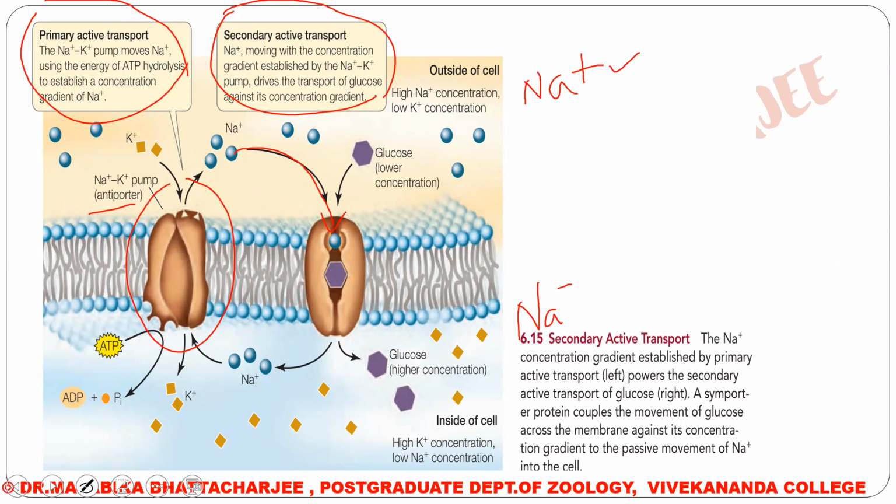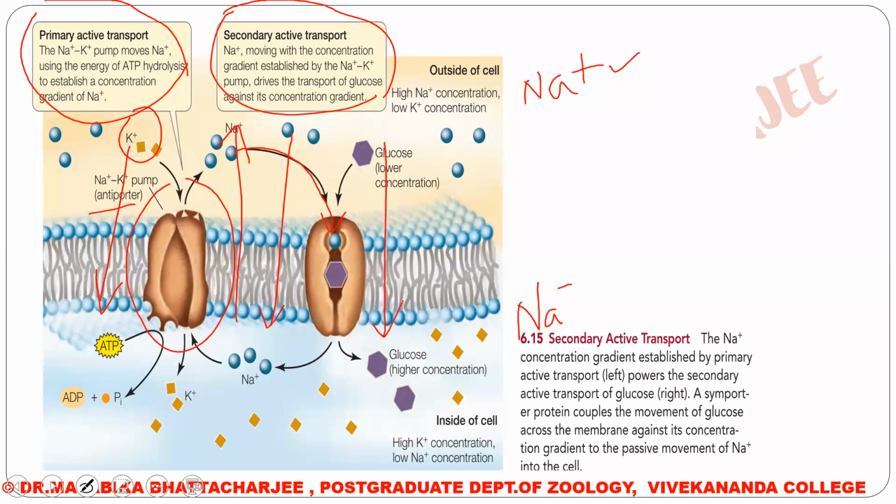In one category of co-transport, the antiporter, the 2 molecules move in opposite directions. So potassium is moving inward, sodium is moving outward. So this is the antiporter. In this transporter, you see sodium is moving inward and glucose is also moving inward. So this is a symporter.